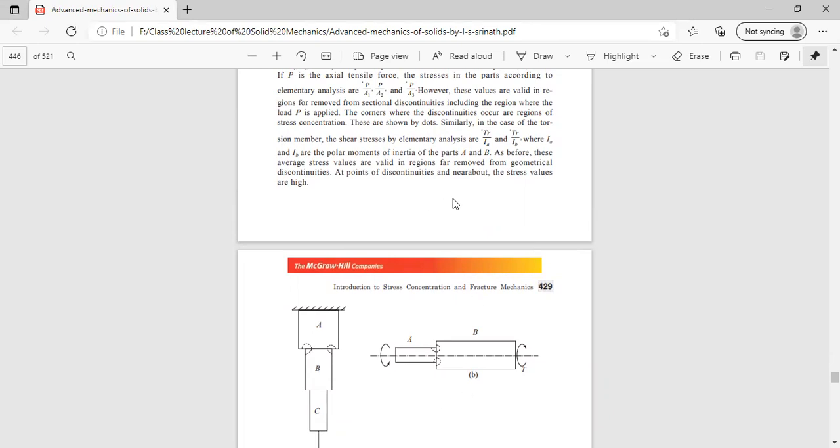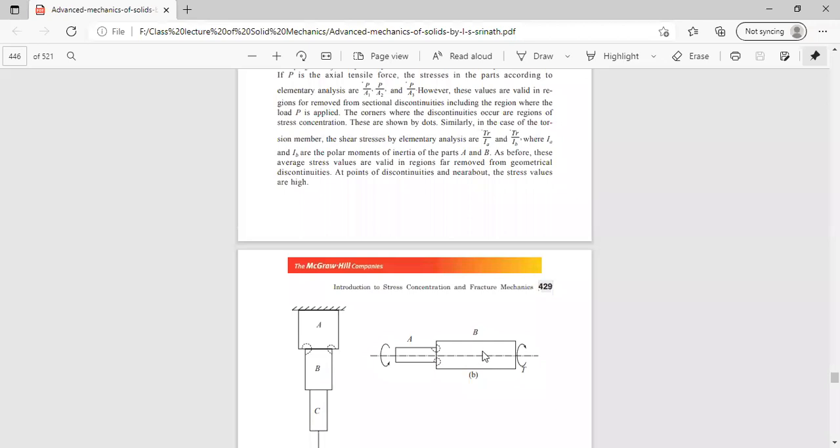Now, if it is subjected to some torsion, then the shear stress will be TR by IA and TR by IB, where IA and IB are the polar moments of inertia of the parts A and B, because the polar moment depends on the diameter of the concerned portion of the bar, being equal to pi by 32 into d to the power 4.